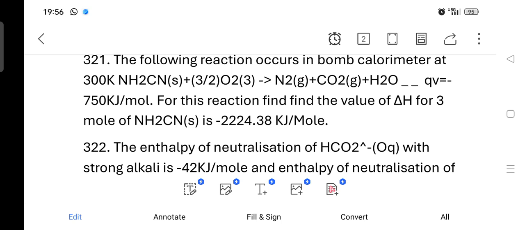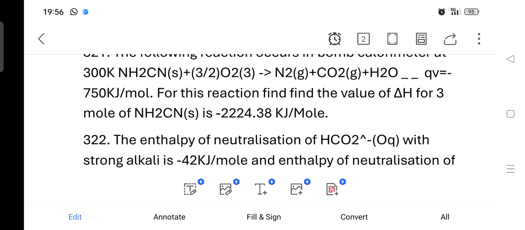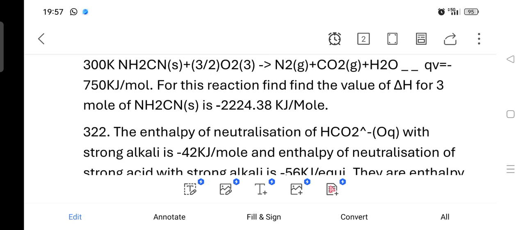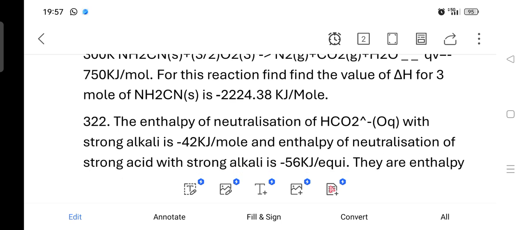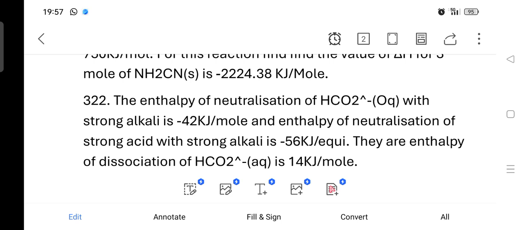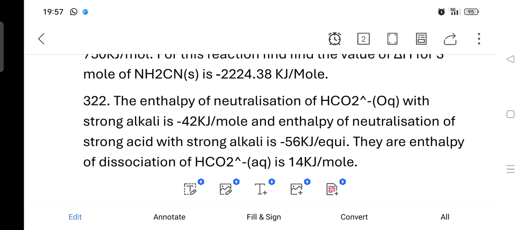NH2CN solid plus 3 by 2 O2 gives N2 gas plus CO2 gas plus H2O liquid. Qv is equal to minus 750 kJ per mole. For this reaction, find the value of delta H for 3 mole of NH2CN. It is minus 2224.38 kJ per mole.